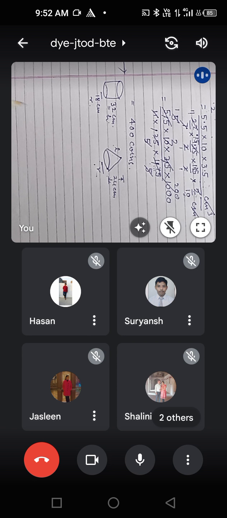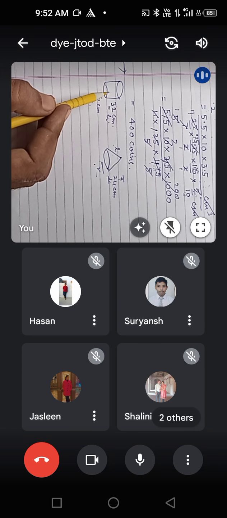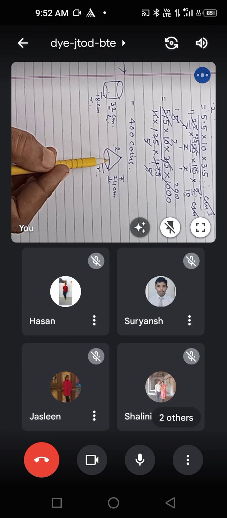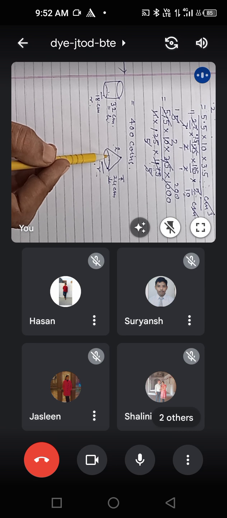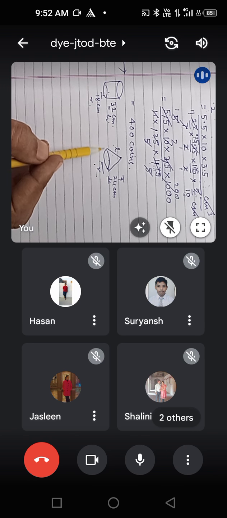So what I will do, I will equate the volume of both of them, the cylindrical bucket as well as the conical heap. These two shapes are different, no doubt, but their volumes are the same.